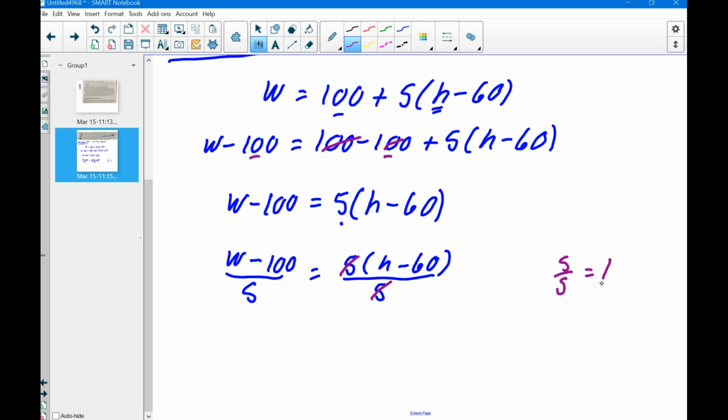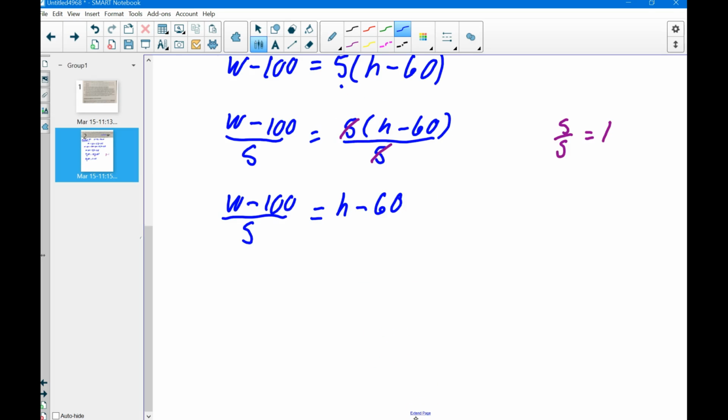So now, what am I left with? I am left with W minus 100 over 5 equals H minus 60. See, we're getting closer and closer all the time. Now I need to get the 60 over there.